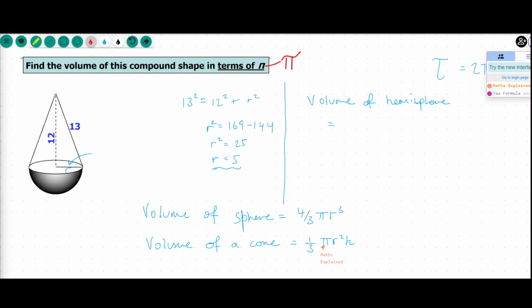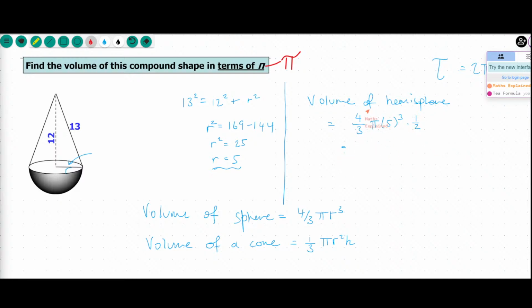Okay, so we have our formulas, and so the volume of this hemisphere is going to be half the volume of the sphere with the same radius. We know the radius r now is 5. So the volume of this hemisphere is going to be 4/3 pi times 5 cubed times a half.